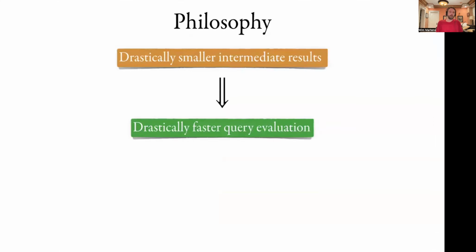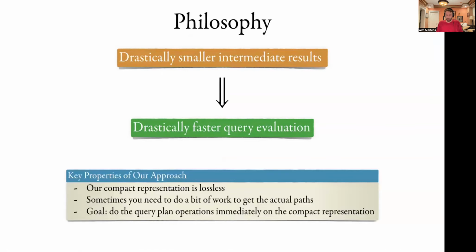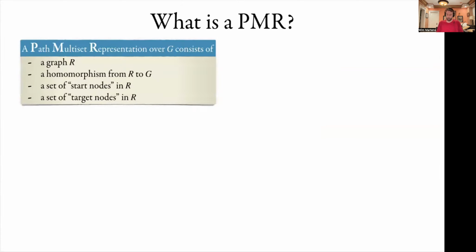And the philosophy is that if you can go with drastically smaller intermediate results, this is going to give you a lot faster query evaluation. Yeah, and a key property of our approach is that our compact representation is lossless. Sometimes you need to do a little bit of computational work to get to the actual paths, but the goal is that we will be able to do query plan operations immediately on the compact representations and only unzip to actual paths when it's really needed.